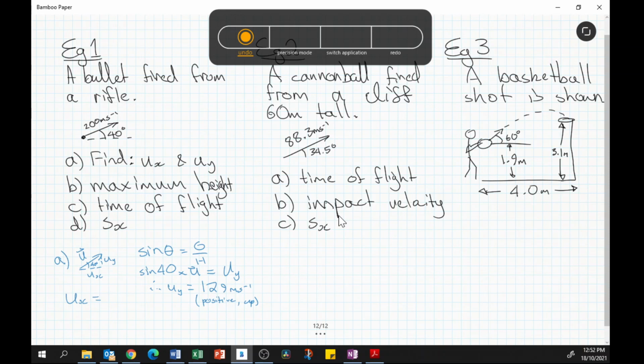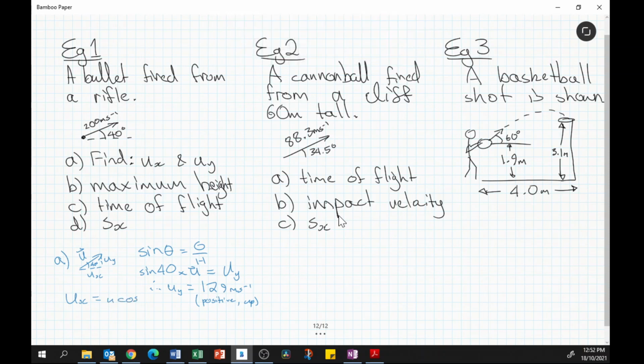So Ux is equal to U cos theta. Positive, so to the right. Again, arbitrary, set by us.